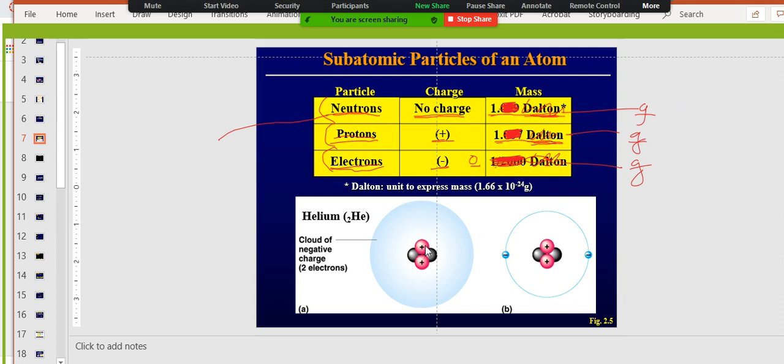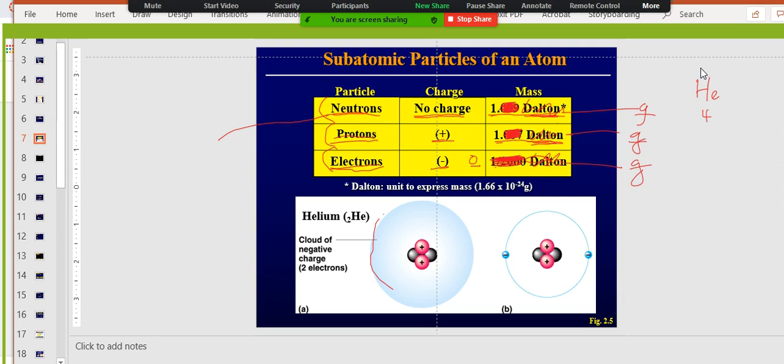Grams. So this is helium, right? Helium is in the upper right-hand corner of the periodic table. If you look at a periodic table, you'll see that underneath helium, it has a mass number. That mass number is 4. And on the top of helium, it has what we call an atomic number, and that atomic number is 2.